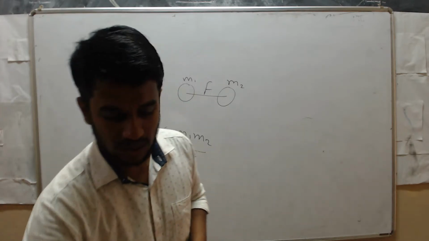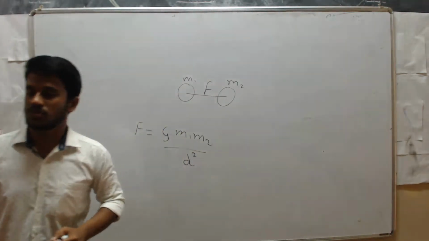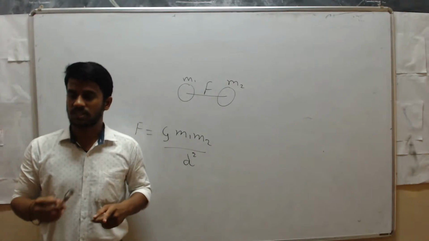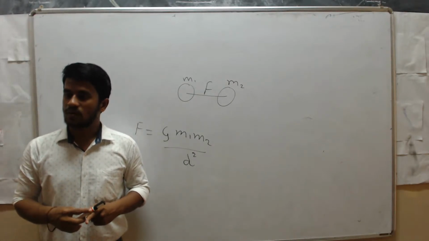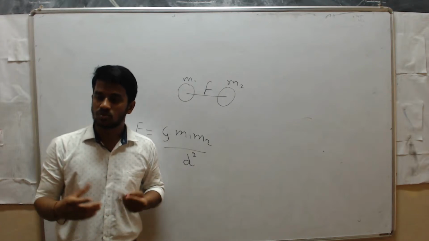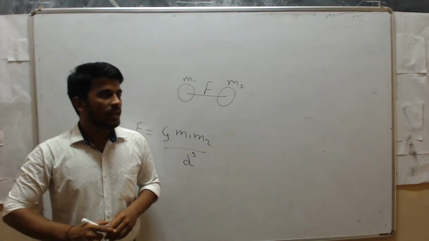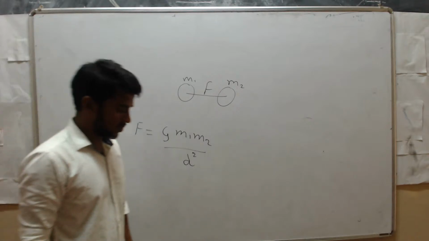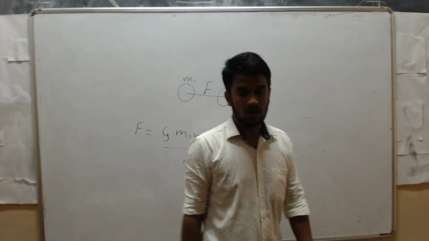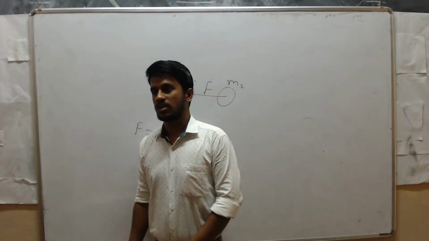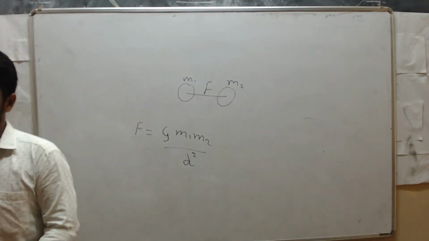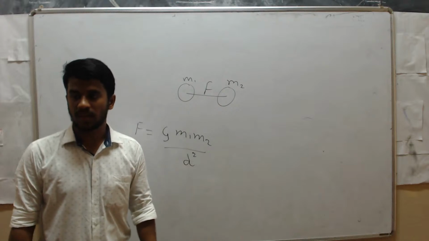If you remove all the unwanted forces, like air resistance and frictional force, then after some time both the markers will attract each other. This is how our solar system was formed, how the sun and all the planets were formed. That is on the basis of this theory only.